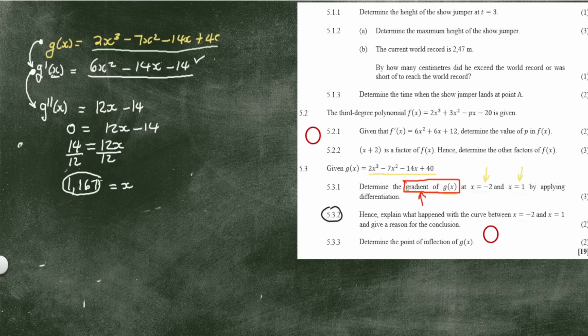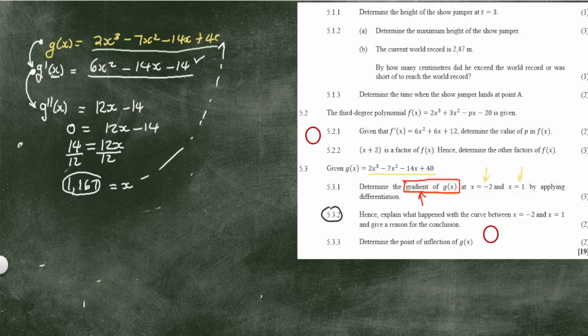Then we substitute this x back into the original equation so that we can get the y coordinate. 1.167 cubed, minus 7 times 1.167 squared, minus 14 times 1.167, plus 40.